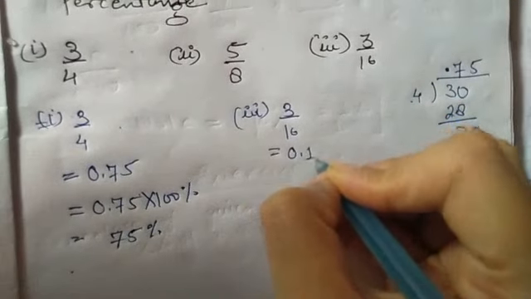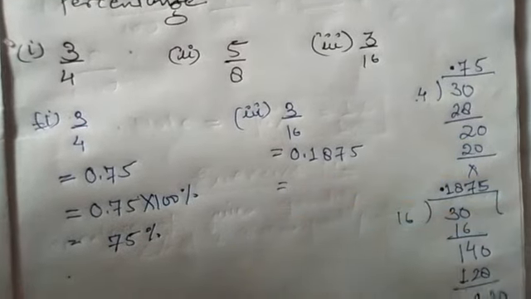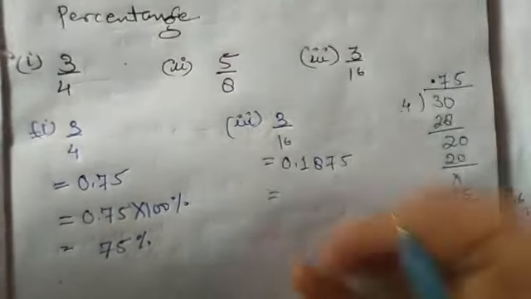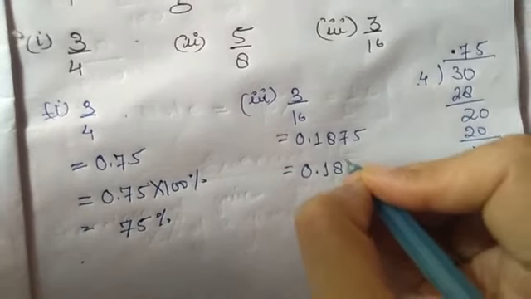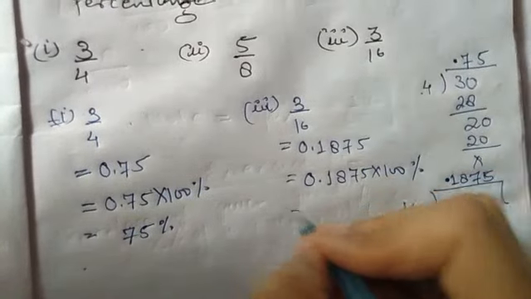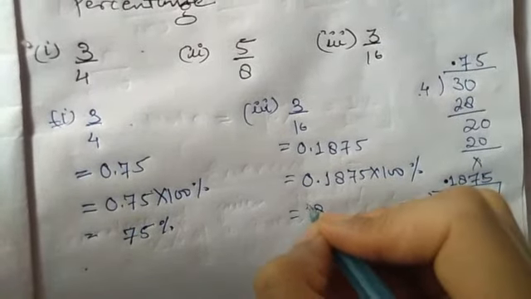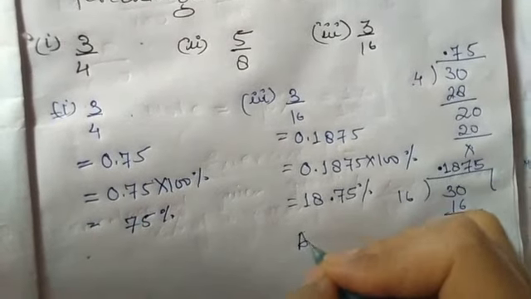Now 3 by 16 is equal to 0.1875. Now converting it into a percentage, what am I supposed to do? We will multiply this with 100 with a percentage sign. Altogether it is 18.75%. Now here you got the answer.